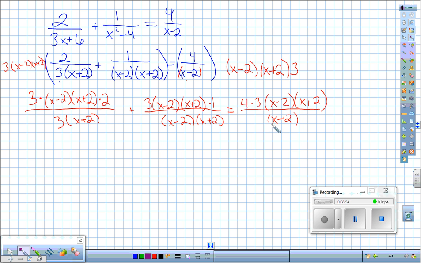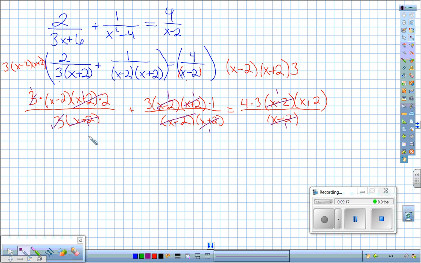So when I multiply, these ones will divide out to 1. I also have some x minus 2's over here that will divide to 1. Over here, my x plus 2's will multiply to 1, and my 3's will do the same as well.